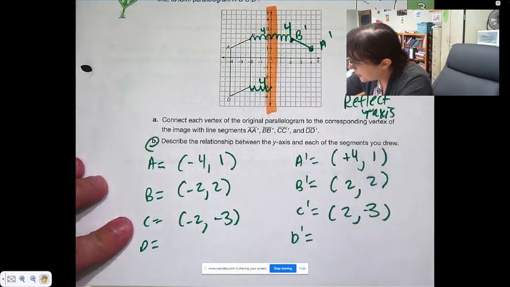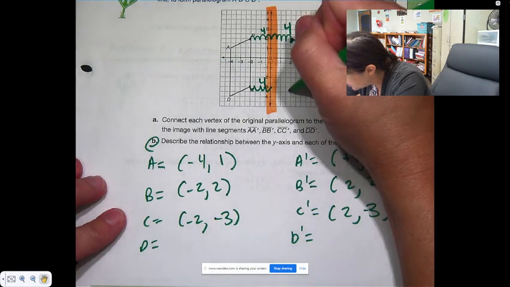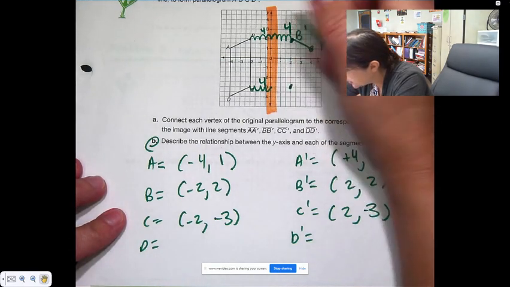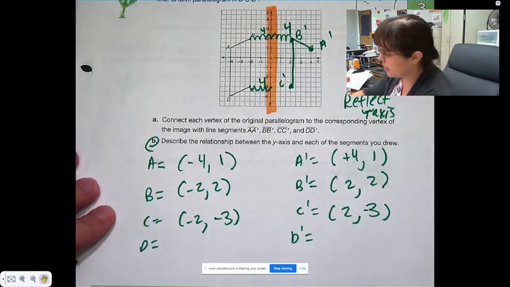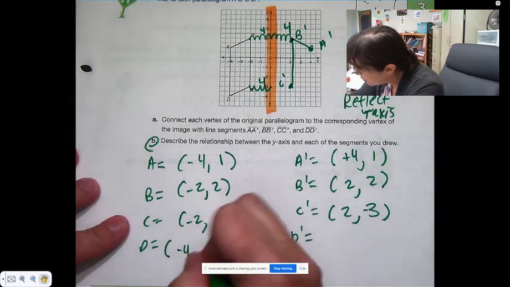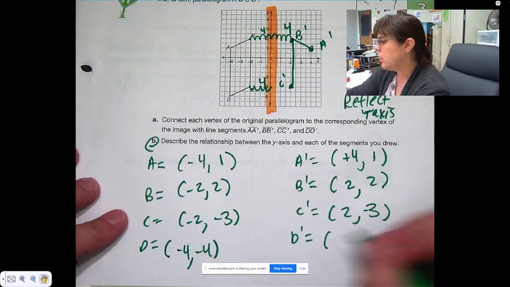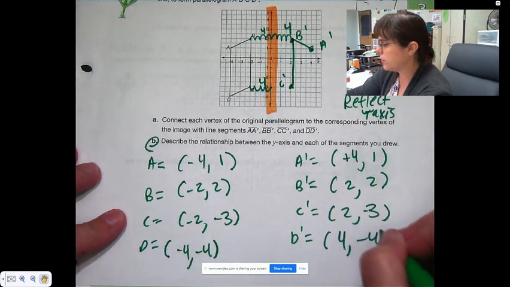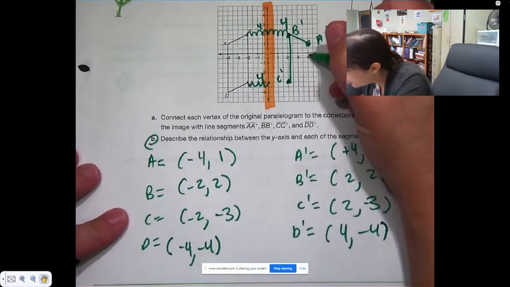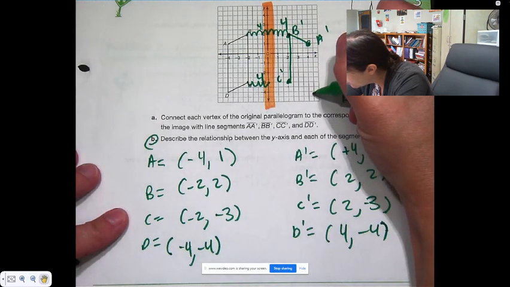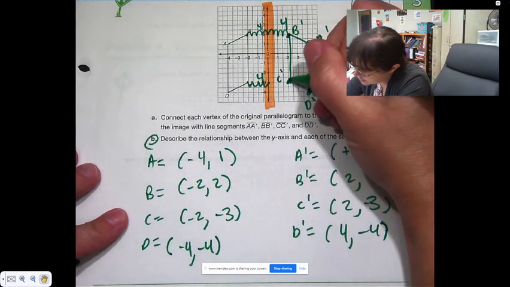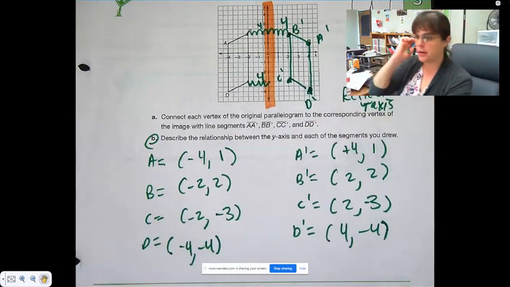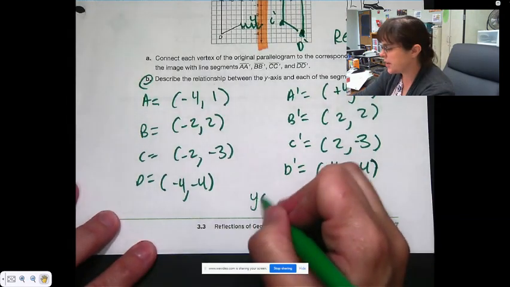And then I always show that prime notation, to show that's what our original shape was going to look like. I know D goes from being -4, -4 to being 4, -4. My allergies are not being nice today. 4, -4. All right, and you can see, once again, the y coordinate stays the same.